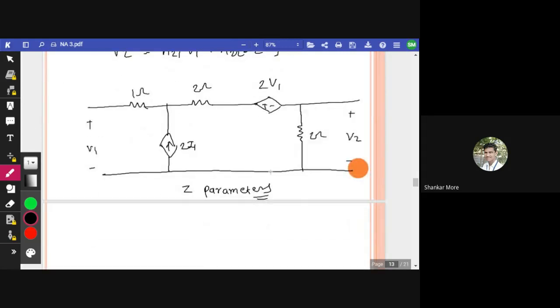Okay, now everyone please try. I expect answers from Shubham, Shardul and Aditya. First step is we have to find out the Z parameters. And don't bother about this current source.